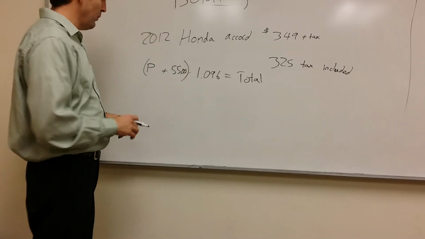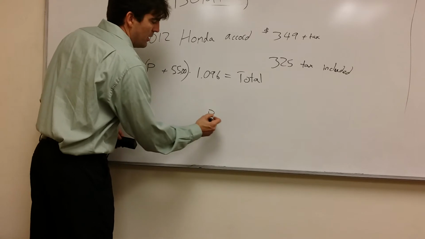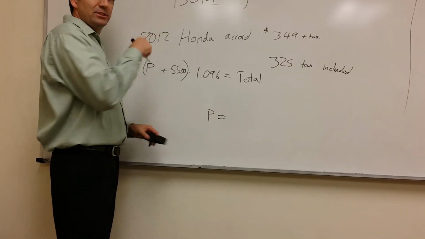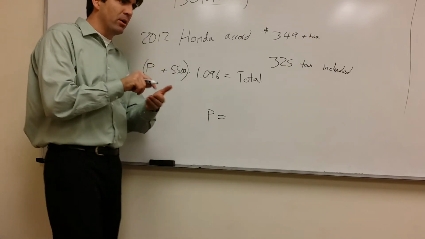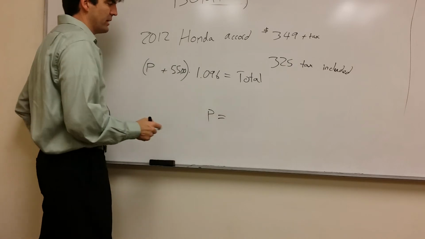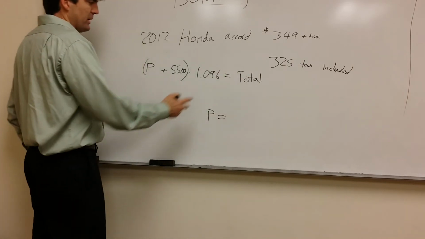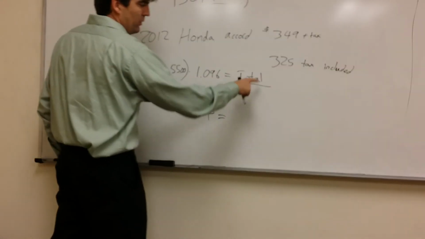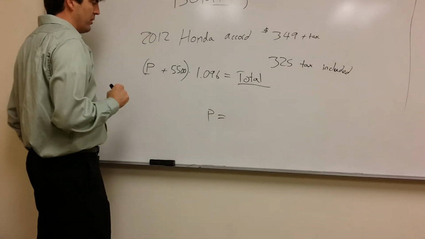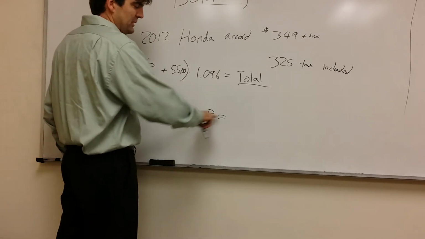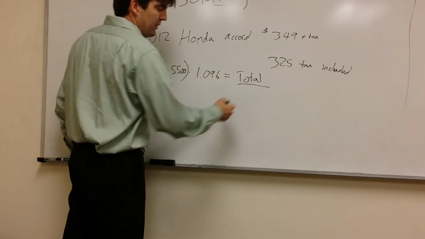Now, what we want to do is have the parts cost isolated. Because that's what this guy was doing with his calculator. How much do I charge for that part? He was guessing and guessing and guessing at numbers that would go in here and make this work out to 325. So we're going to take this one right here that has the two variables, the total that he quoted over the phone and the cost of the part, and rearrange it so it just tells us P and then a calculation to do over here.